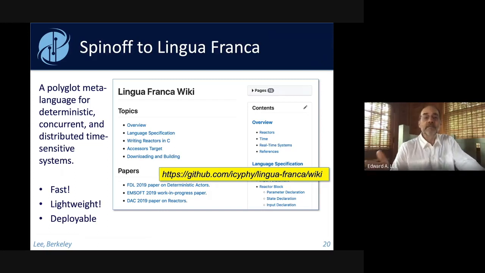So that means on my laptop, I can get up to about 200 million reaction invocations per second, which is several orders of magnitude faster than I've ever seen in any discrete event simulation tool. So this is actually deployable code, and it's a clean slate redesign based on the discrete event mechanism in Ptolemy II.